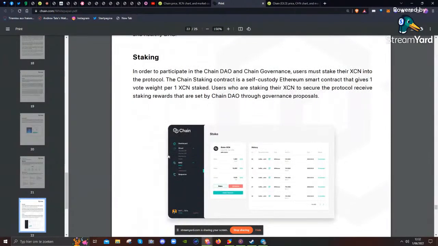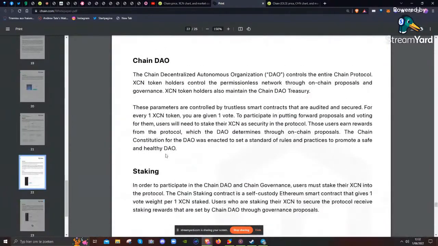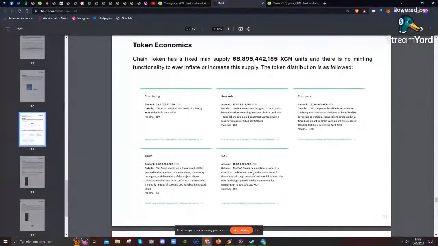Staking, participate in Chain DAO, so you can stake your coins. Every one XCN token you're given one vote.